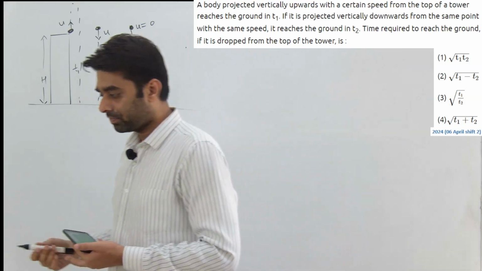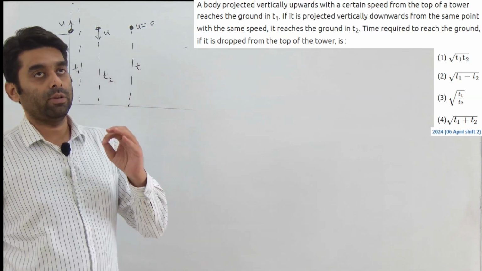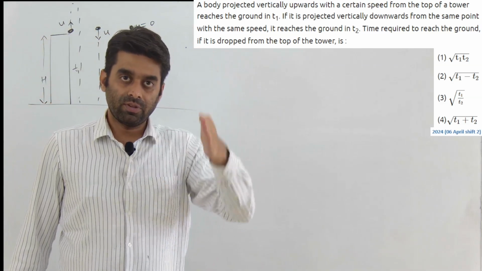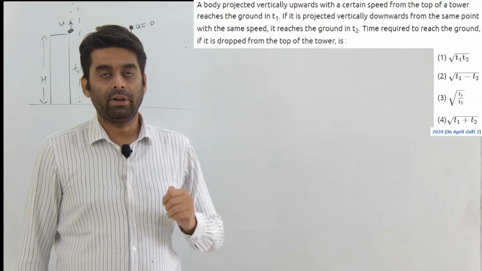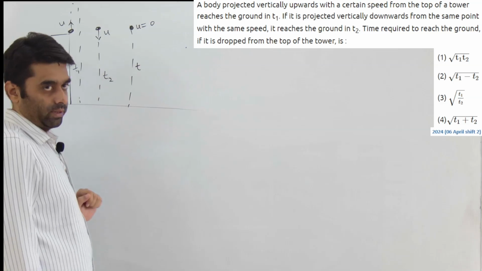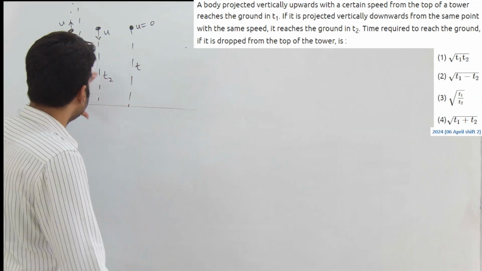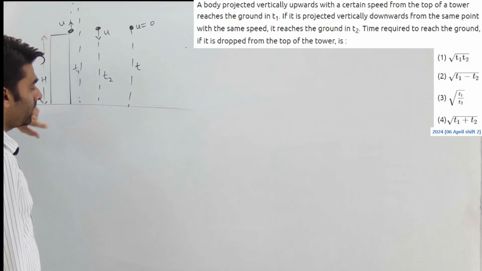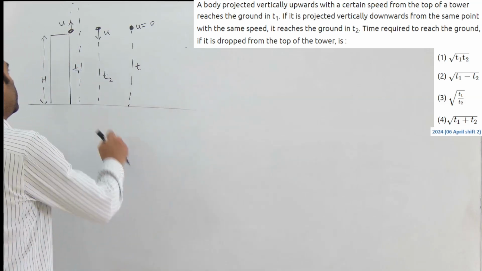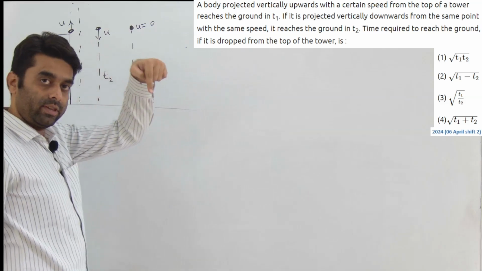Let us see how to proceed with this. It's basically a question of your equation of motion, and to be specific, motion under gravity, motion in y direction. Situation 1, in that motion under gravity, the total displacement is the height of the building, and it is in downward direction.